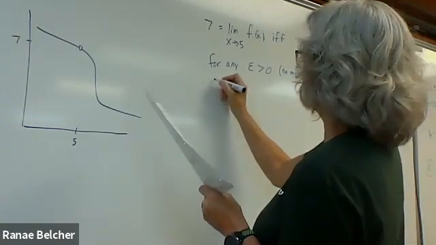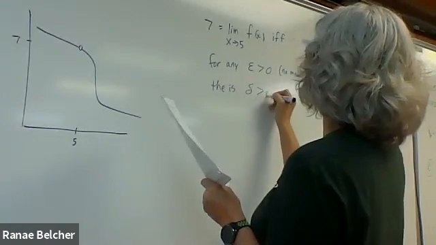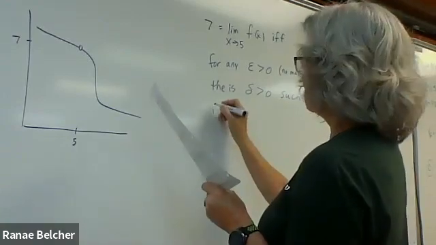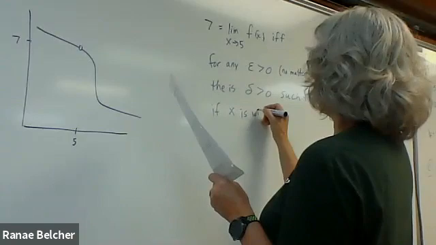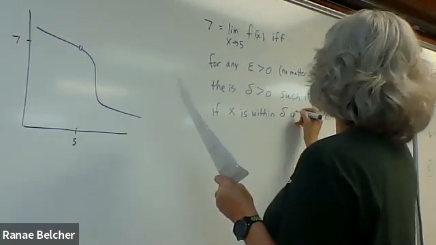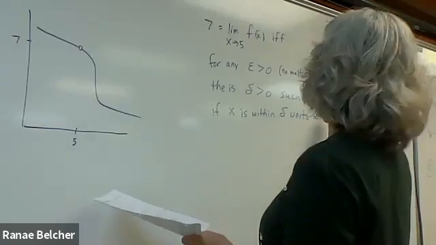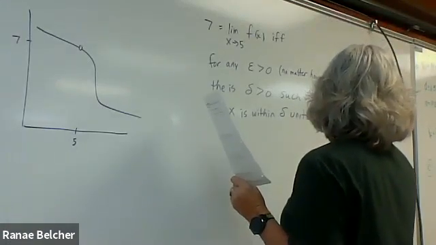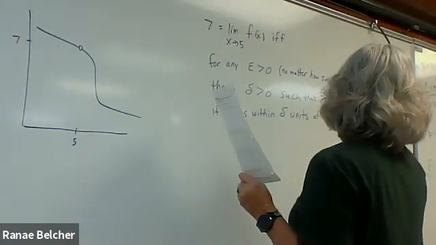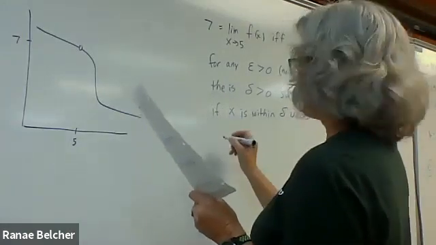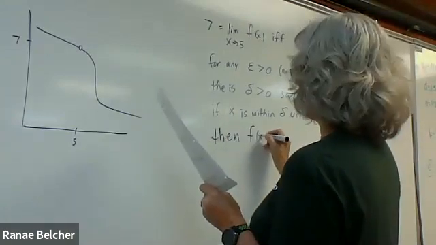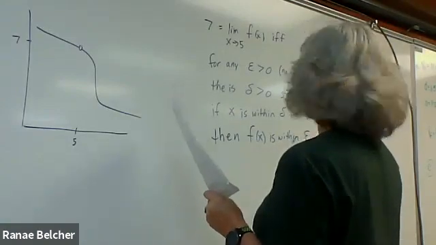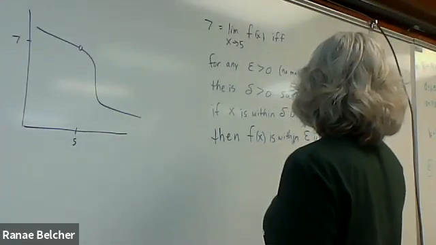there is a positive number delta. There is, and I'll just put a delta greater than 0, such that if x is within delta units of c, in this case c is 5, but not equal to 5, and so you could say not equal to the line like that, then f of x is within epsilon units of L. And in this case, L is 7.